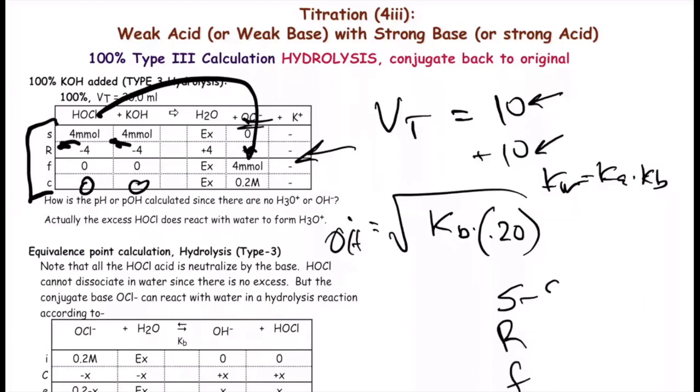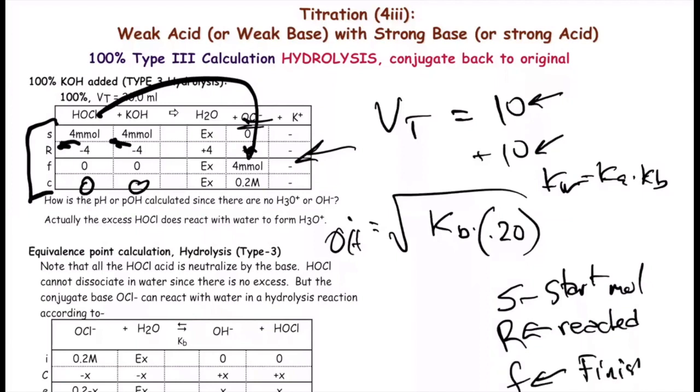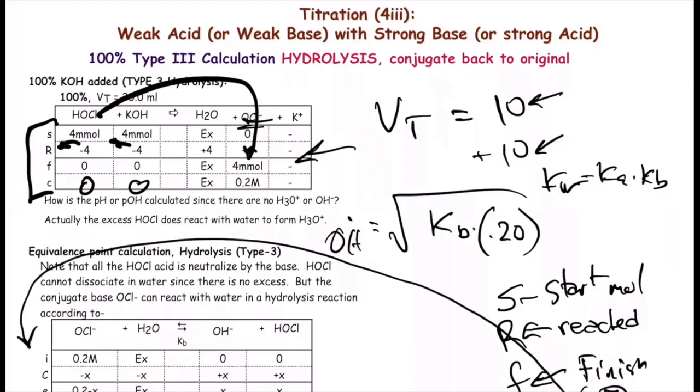S is the start in moles. R is the reactant based on the limiting reagent, and F is your finish in moles. Then from the finish, we calculate a concentration by taking the finishing moles and dividing it by the total volume. SRF. Now, if we have the concentration, that's your initial line in your ICE table.